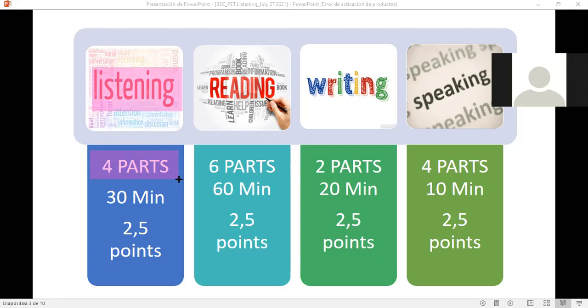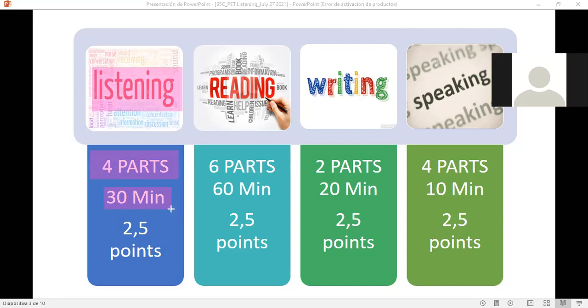For the whole listening part, if you are going to take your proficiency test at the university, you're going to have 30 minutes, okay? 30 minutes to complete the 4 parts of listening, and it's going to be graded over 2.5.